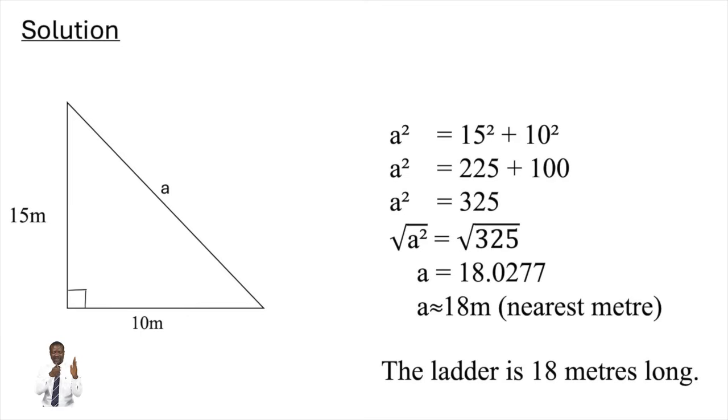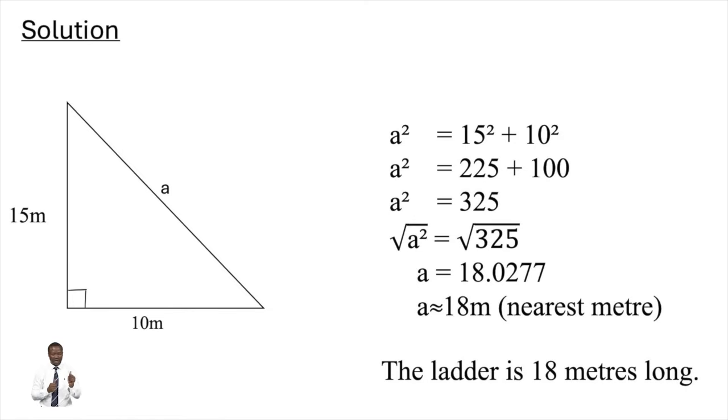If a ladder leans against that wall, then obviously a right-angled triangle is created, as depicted on your screens. From the question, we are to find the length of the ladder. And since we don't know, we are representing that side by the variable a. So the Pythagorean theorem from this right-angled triangle reads a squared is equal to 15 squared plus 10 squared.